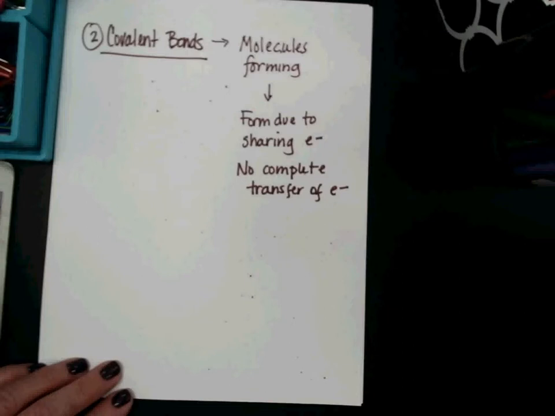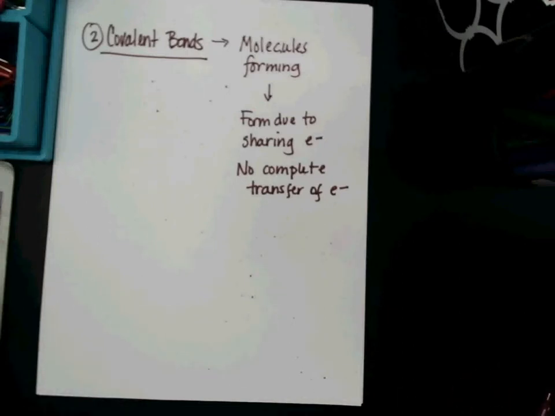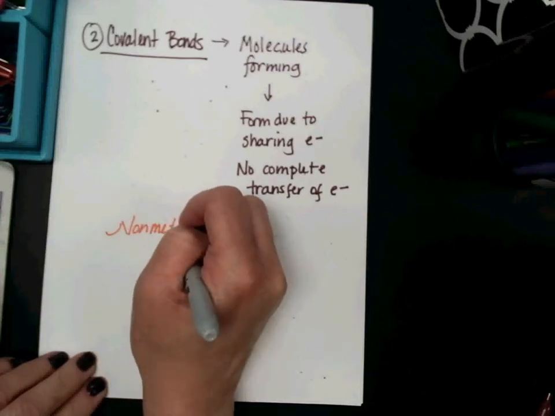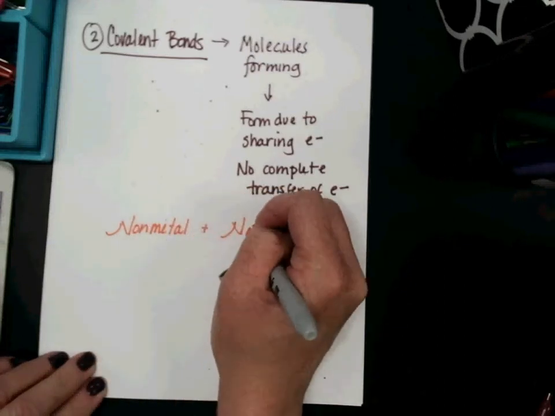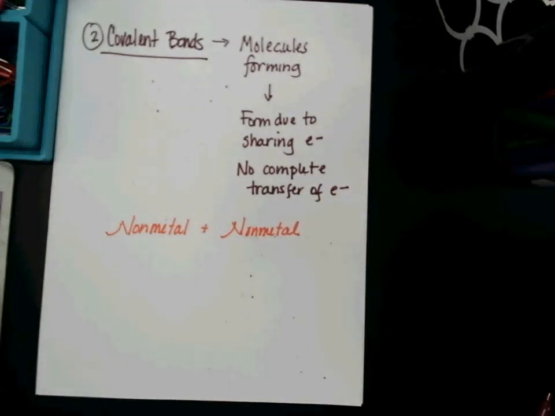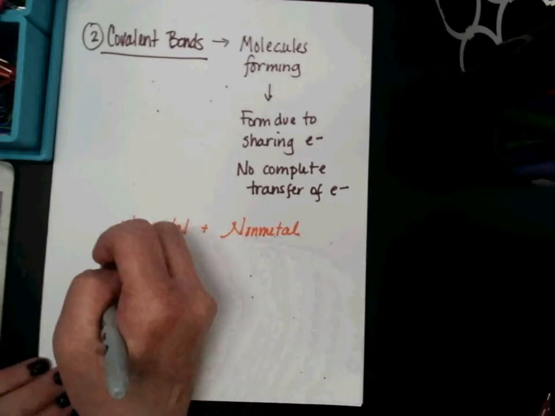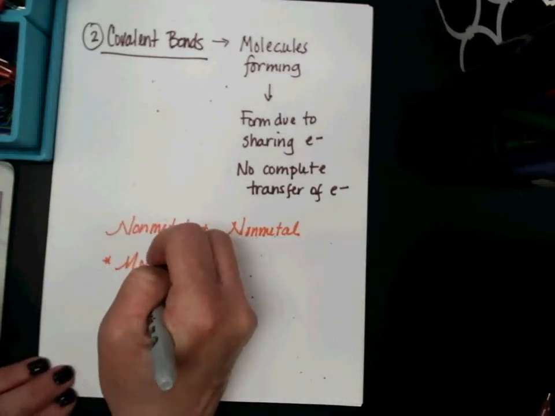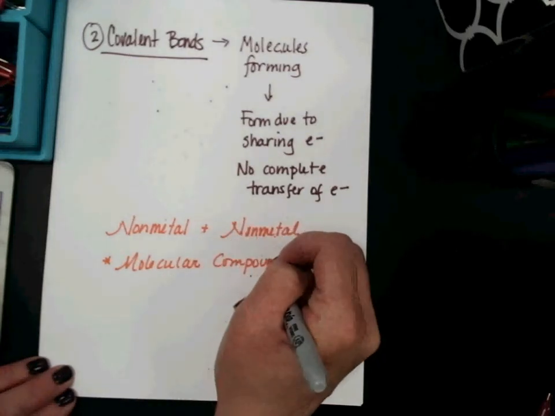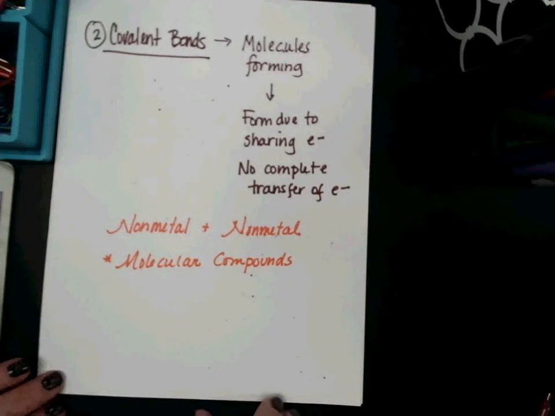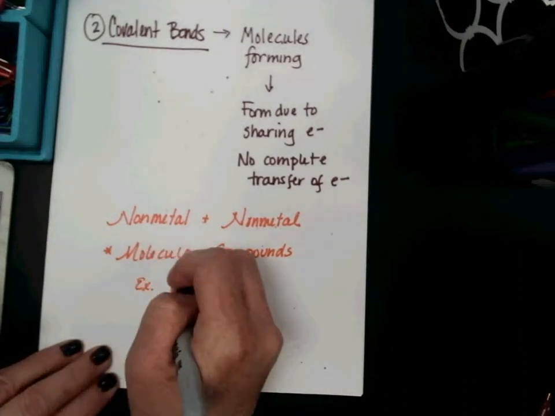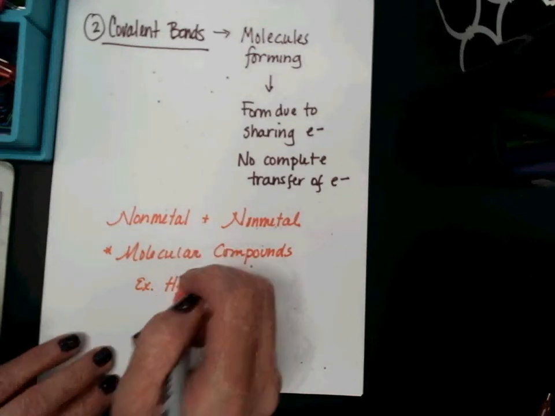We should also know that these things show up as a non-metal plus a non-metal. And they form what we call molecular compounds. The simplest molecular compound I can come up with for an example would be H2O.